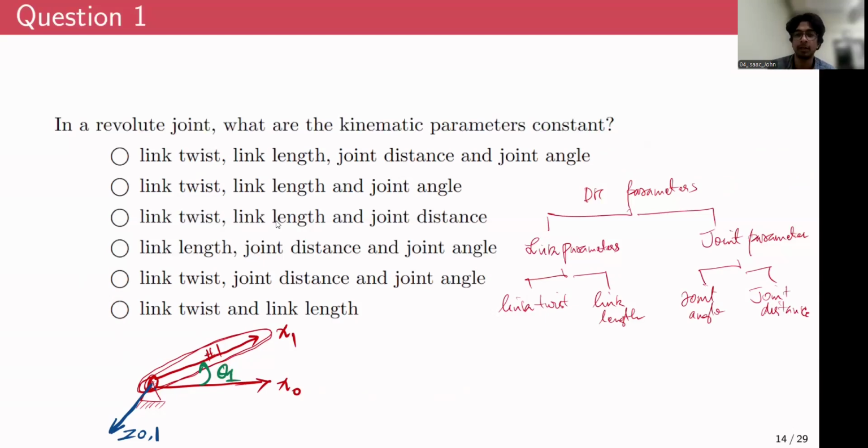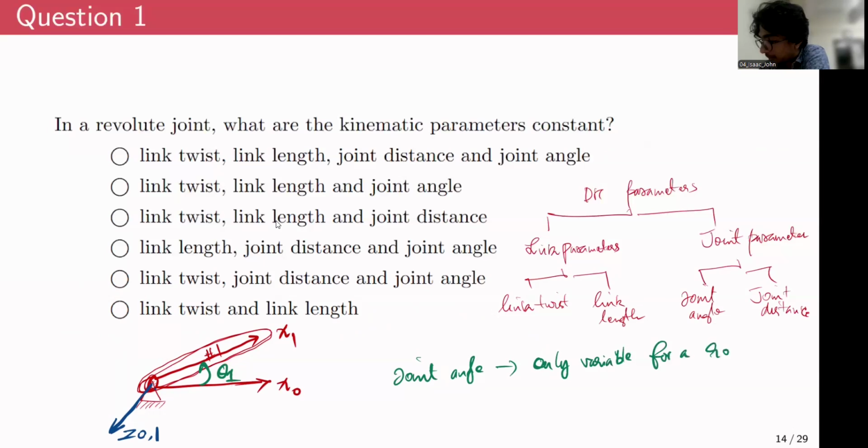It varies depending on the configuration of the link. So in that regard, the only variable for a revolute joint is the joint angle.